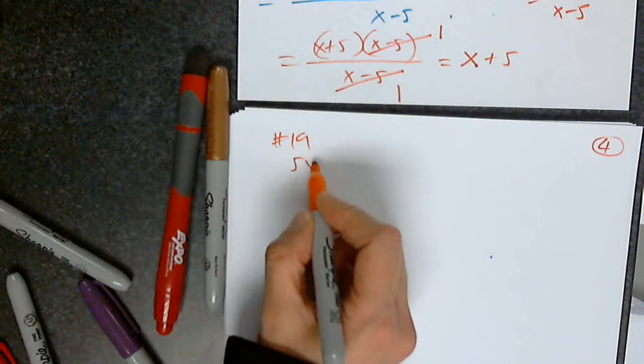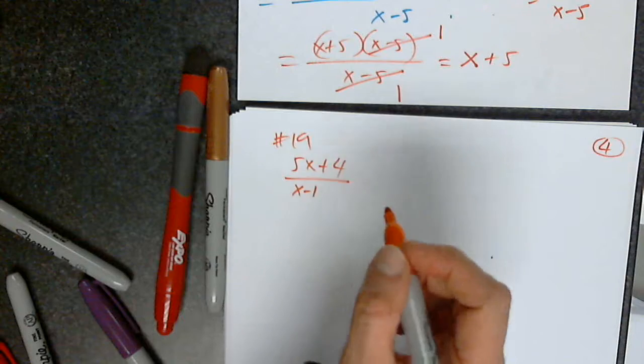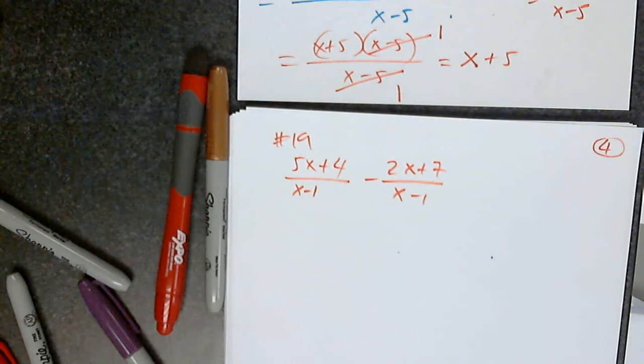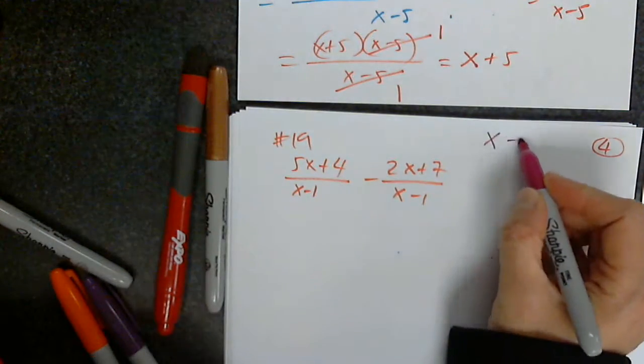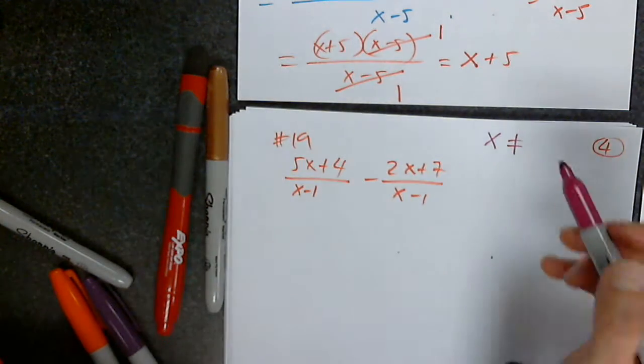5x plus 4 over x minus 1 minus 2x plus 7 over x minus 1. So the same restriction here in the sense that just one denominator, so x cannot be 1, right?